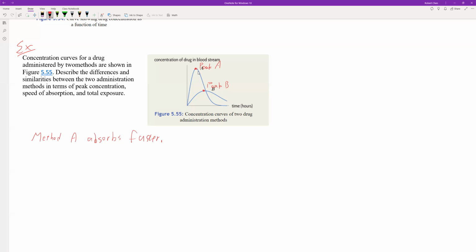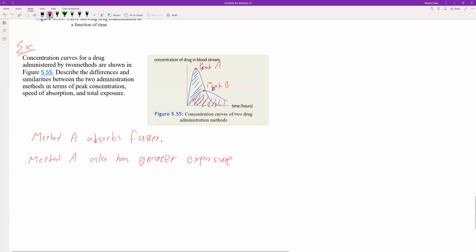Method A also provides greater total exposure to the drug, meaning that we can look at the area under curve A versus the area under curve B. From this case, we can say that method A also has greater exposure.